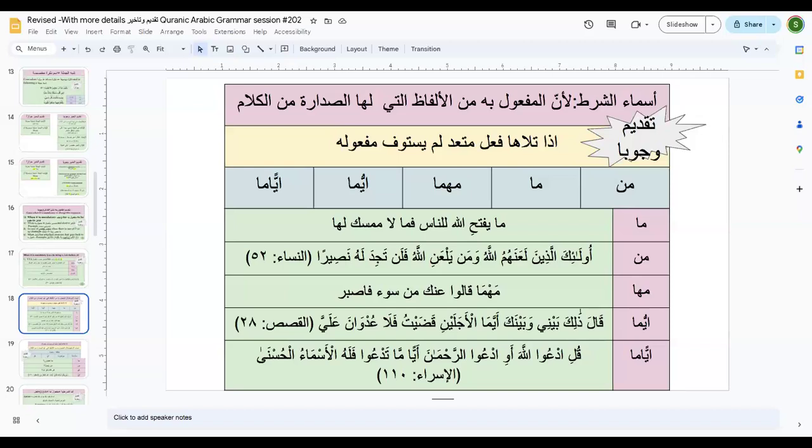Even adawatu shart are found in the beginning as well, right? So when you have man, ma, mahma, ayyuma, ayyama, all of them you will find in the beginning of the jumla shartiya, even if they are maf'ul bihi.